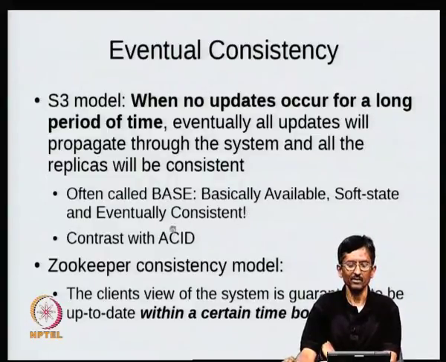Okay. So in ACID, what is the issue here? You're talking about multiple transactions, and you want to ensure that either the transaction goes through or the transaction does not go through. Let's look at one example. Suppose I want to go someplace.